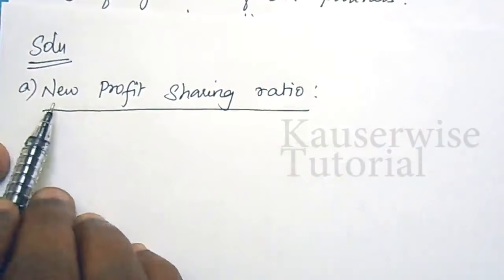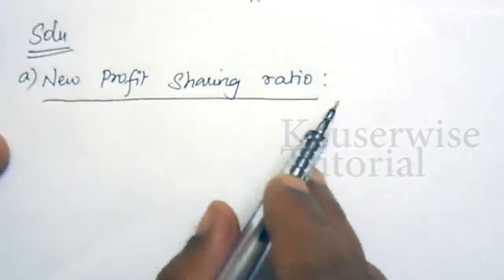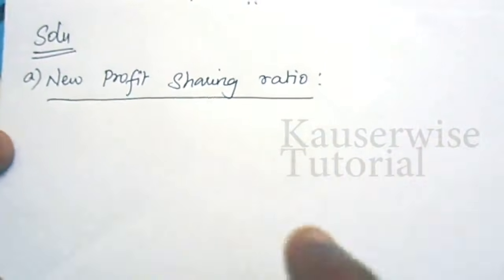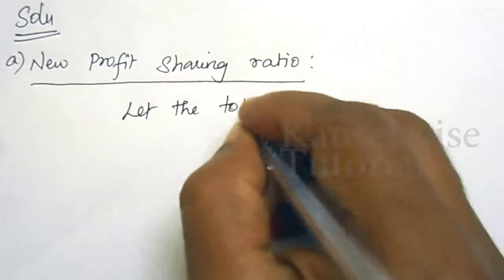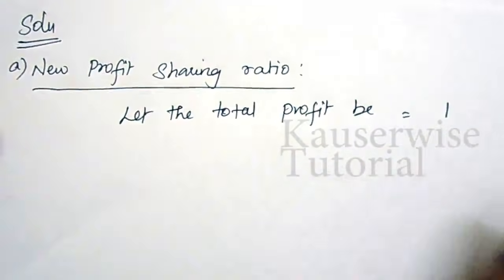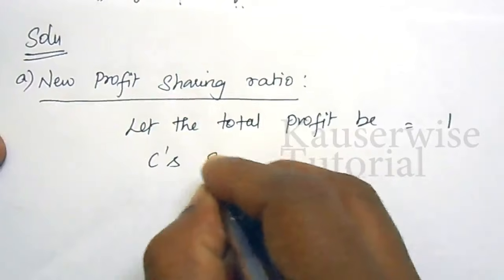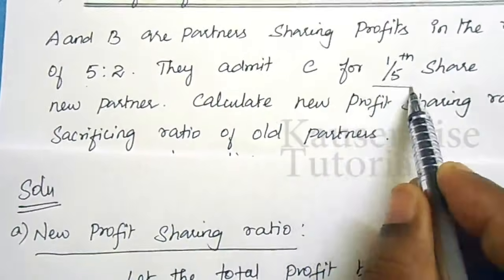Okay, first one, new profit sharing ratio. In order to calculate the new profit sharing ratio, let the total profit be 1. Consider the total profit to be 1, and C's share. The new partner's share is given in the problem, that is 1/5.